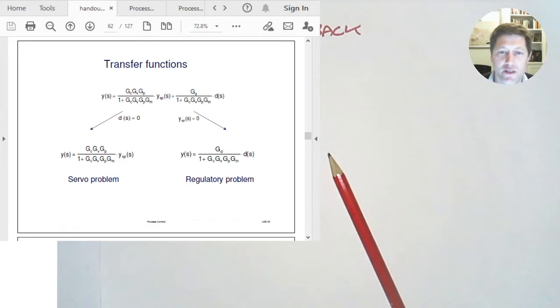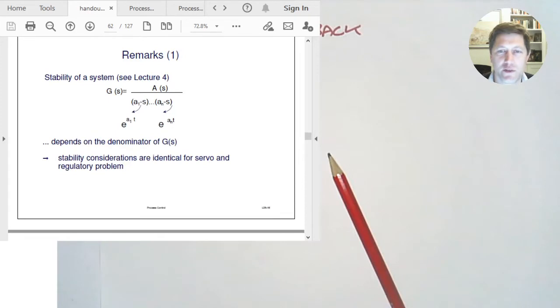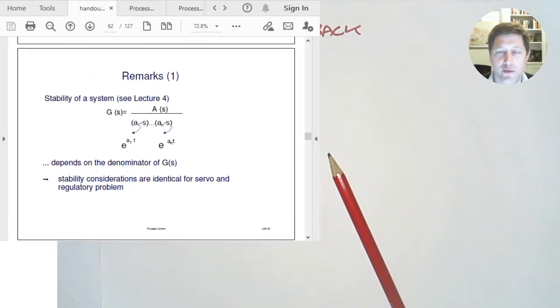We notice that the denominator of both of these transfer functions is the same, very useful, but the numerator is different. And we know that the denominator is what determines the stability of the system. We went through this in the previous lecture, lecture 4, that each of these roots of the denominator, we call them poles, will determine the stability. And if we can keep the poles to have negative real parts, then that means that they're going to be functions that decay.